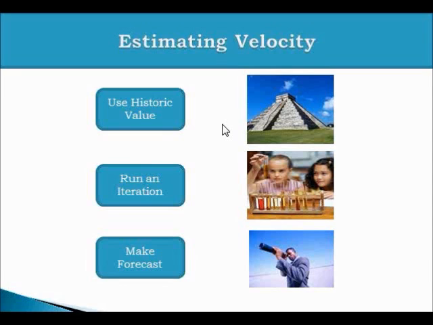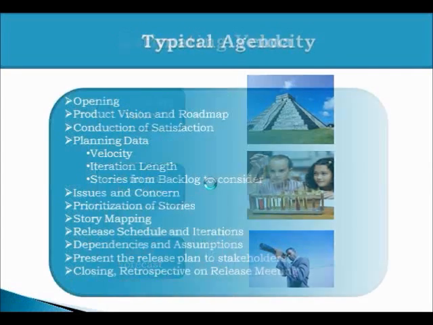But before we get into a release plan, we do need to have a number which helps us project how much we can deliver by the end of the release duration. Now this number may change because release plans are not commitments. They are guideposts. So we need to have a number which helps us in starting the work.